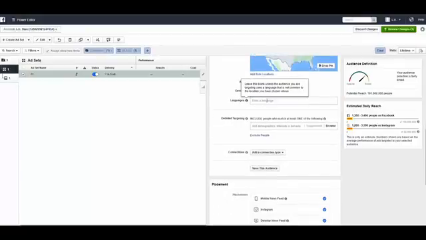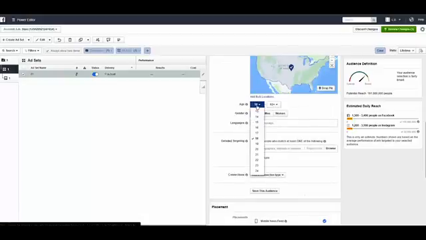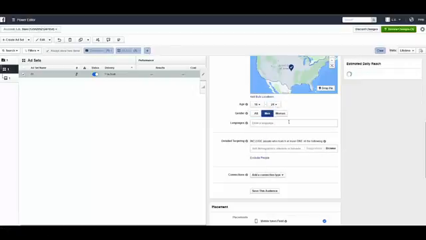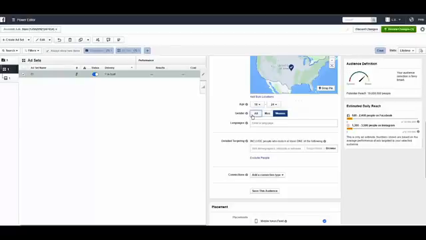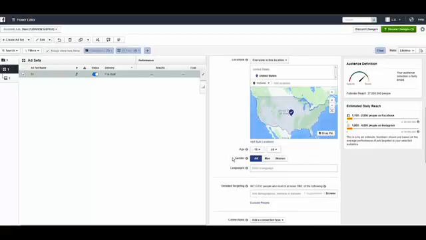Then as we get down here, you can adjust ages. You can increase or decrease. You can give bigger or smaller windows. So you could say like 18 to 24. We could say just 18 to 24 men or women with the gender layer here. So this is allowing us to target in more detail to the demographics that may be buying.